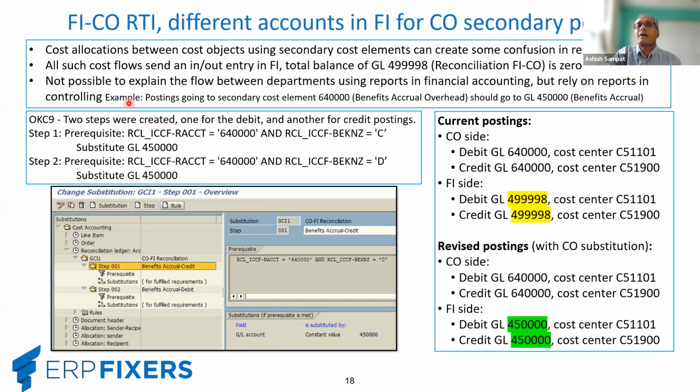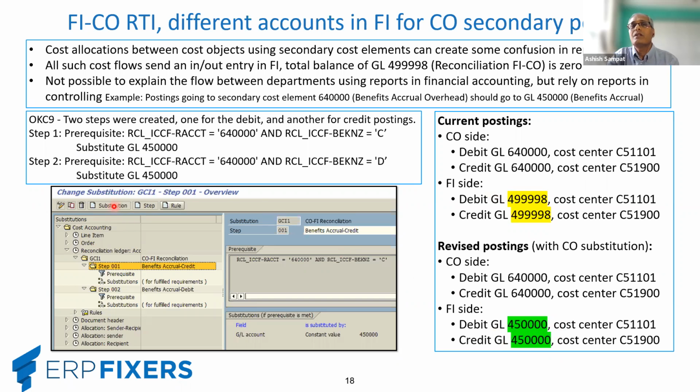The example here is that for a benefits accrual overhead posting that was posted on the CO side, traditionally I am used to seeing 49998, but my requirement is that I want to see a different account, 45000. How would I do that?